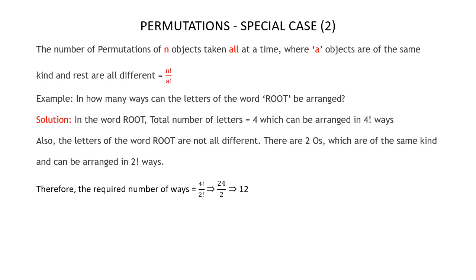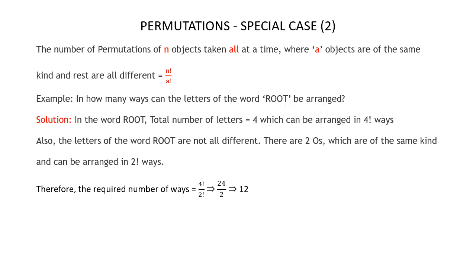Now let's understand one more special case in permutations. The number of permutations of n objects taken all at a time where A objects are of the same kind and the rest are all different is equal to n factorial divided by A factorial. Now let's understand this with the help of an example. In how many ways can the letters of the word root be arranged?